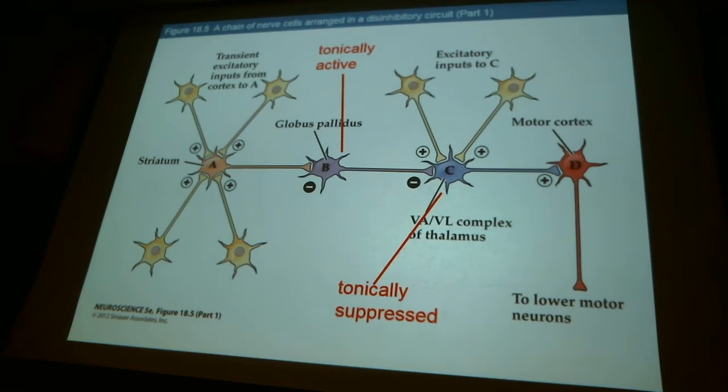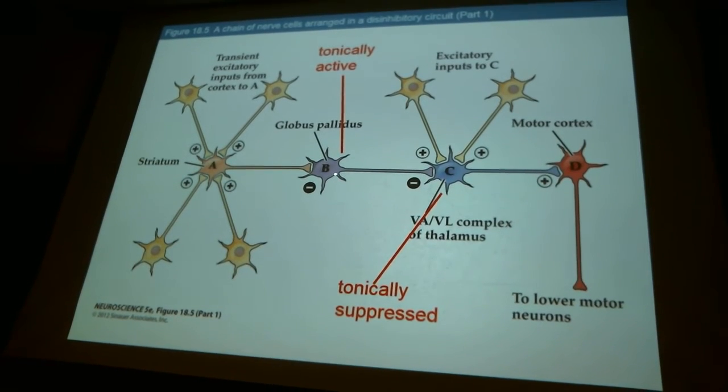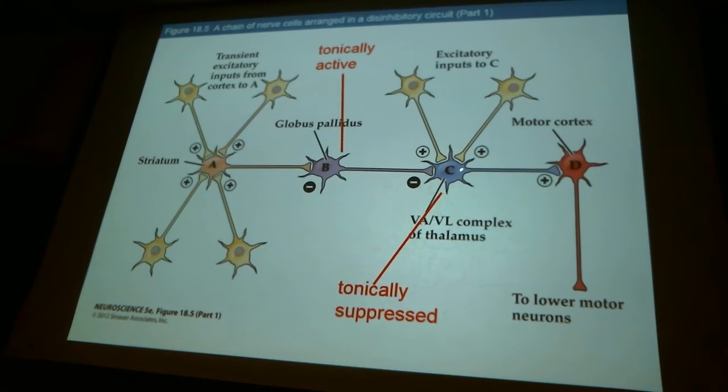Those neurons are tonically active. Resting state, tonically active. If there's no activity in the striatum, these are tonically active. The fact that the globus pallidus neurons are tonically active means that the thalamus, which receives inhibitory input, is tonically suppressed.